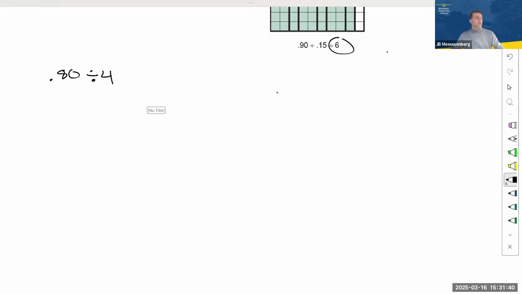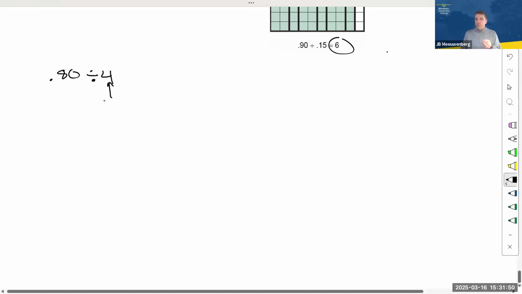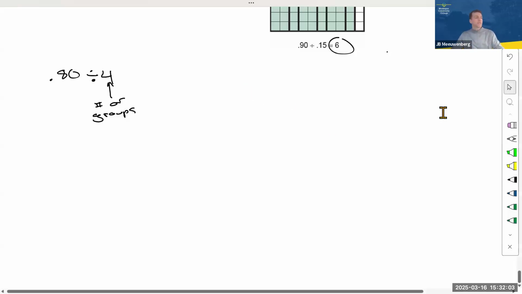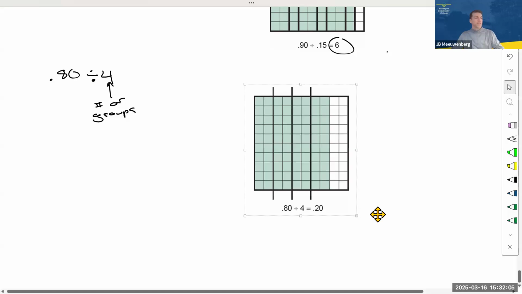Just as a reminder, we're taking our initial amount, 80 hundredths, and 4 is the number of groups. So we're not subtracting off 4s. This is the number of groups. And then we're going to examine how many end up in each group. And so it's going to look like this.